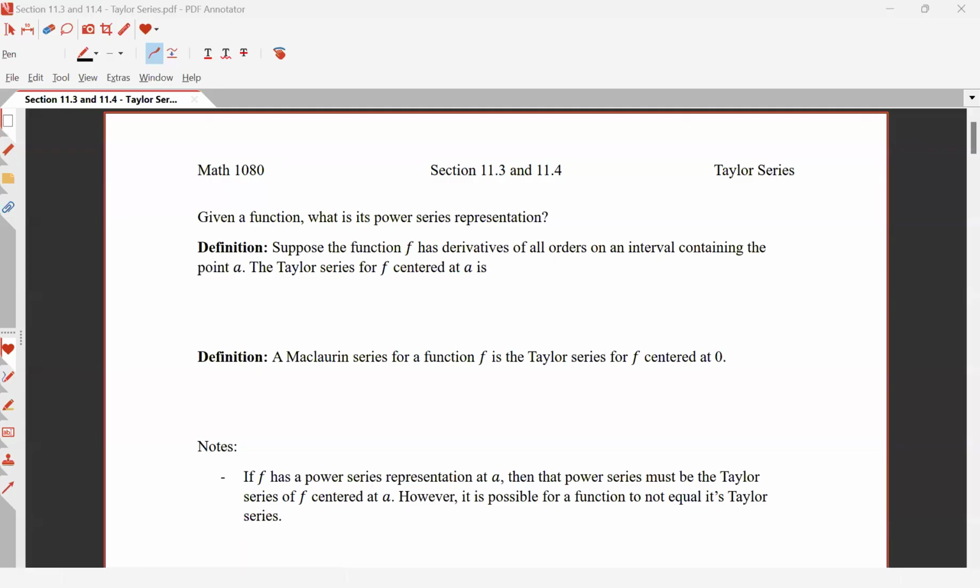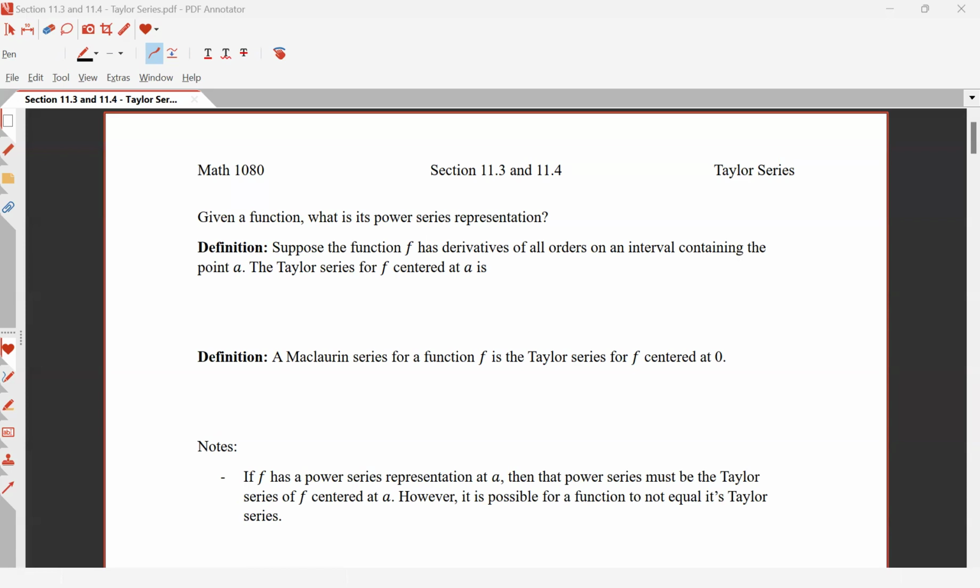Hello. In the Taylor series section, we are going to look at what a Taylor series is. Suppose we have a function and we want to know its power series representation.